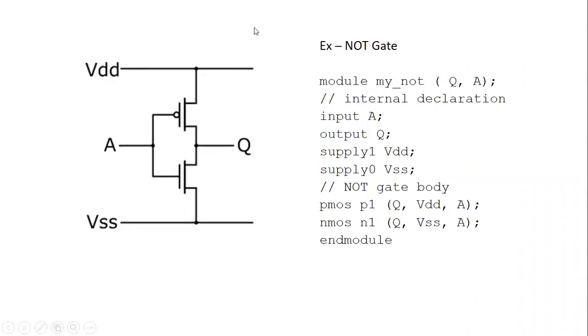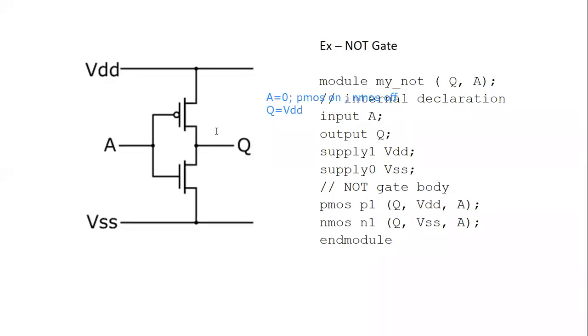Now suppose I give A equal to 0. If A is equal to 0, PMOS is on and NMOS will be off. NMOS being off means I will not have a path there. So what happens to the output? Output will be equal to VDD. How is that?